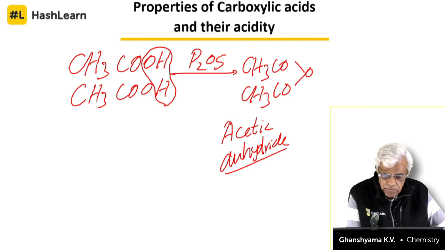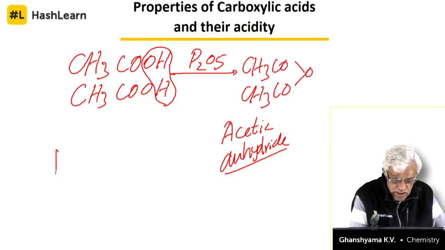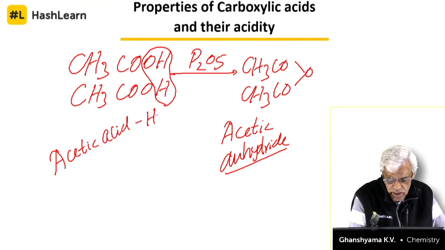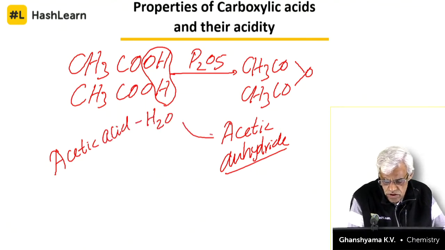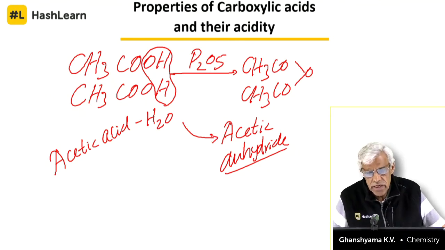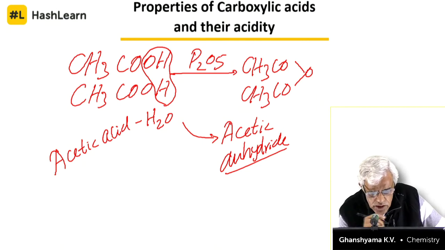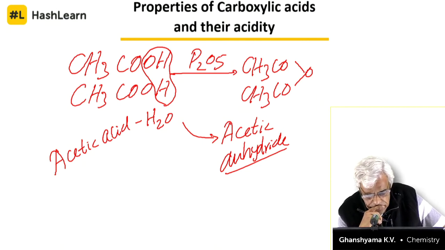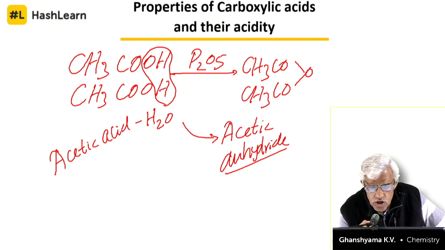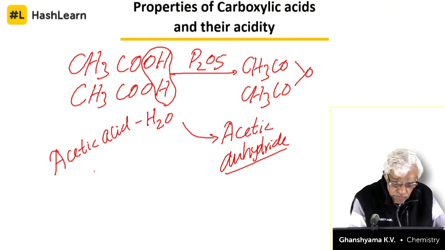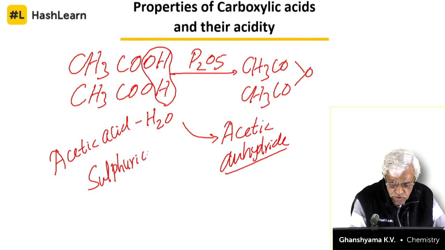Acetic acid minus water is acetic anhydride. On the basis of this, can you give me the formula of sulfuric anhydride?